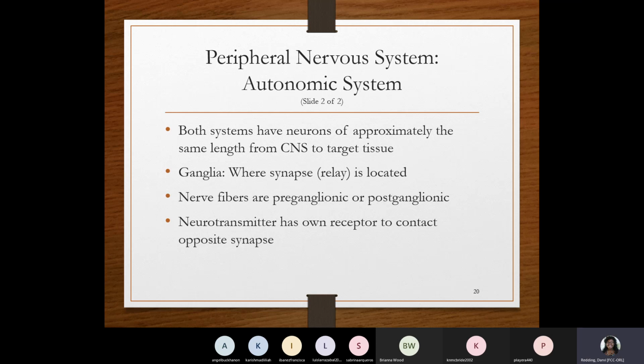Examples of that would be the peripheral blood vessel, the heart, and the eyes have alpha 1 receptors. And we primarily find that alpha 2 receptors are on the smooth muscle, and primarily beta 1 receptors are in the heart muscle, whereas beta 2 receptors are in the respiratory system, blood vessels, and elsewhere in the body.